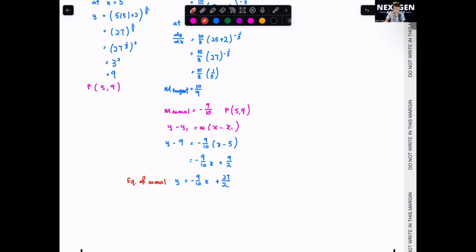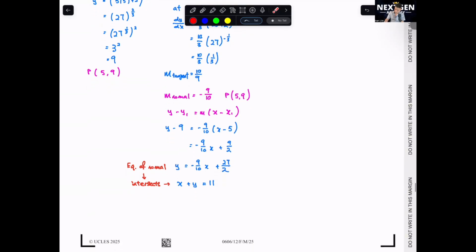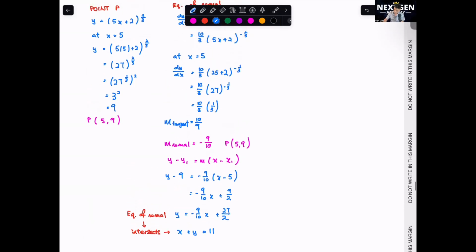Equation of normal intersects x plus y equals 11. So this one intersects this graph. Since this one intersects this, we substitute this into here. So we substitute these two. Let's call this equation 1 and equation 2.